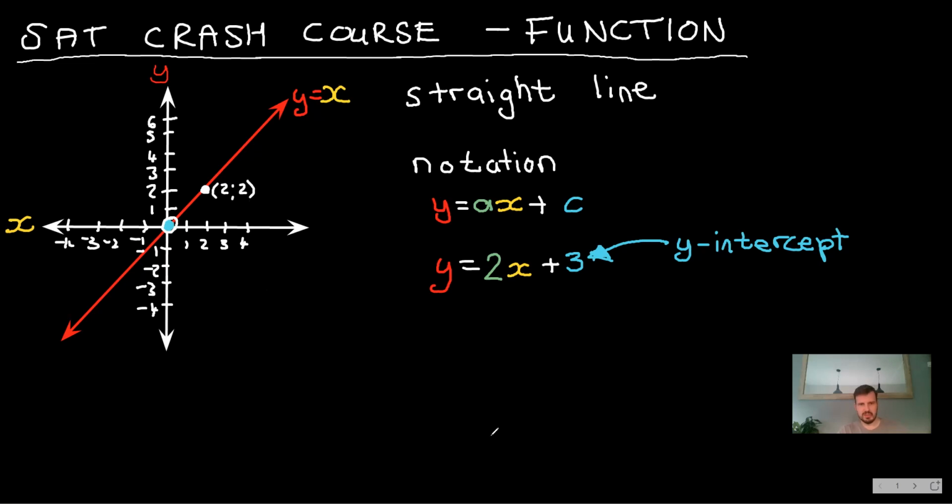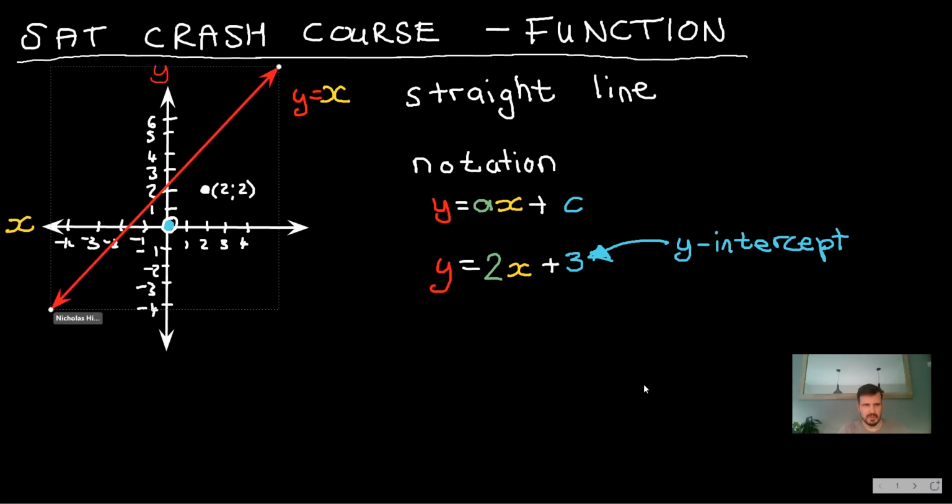But then what you could do is you could move it up, right? So you could move it up like that. I haven't done that well because this should really go through 2 and 2. So that should be 2, and that should be -2 over there.